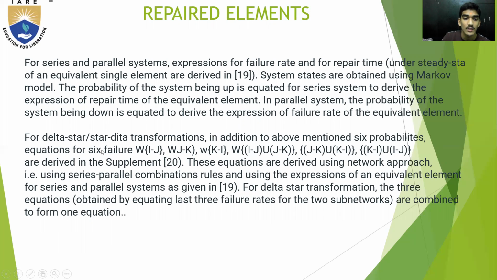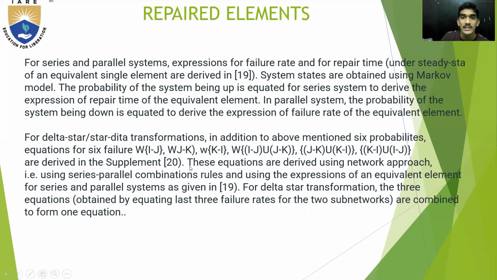For delta-star or star-delta transformations, in addition to the above mentioned 6 probabilities, equations for 6 failure rates, W of i to j, W of j to k, W of k to i, W of i to j belongs to j to k, are derived in the supplement.